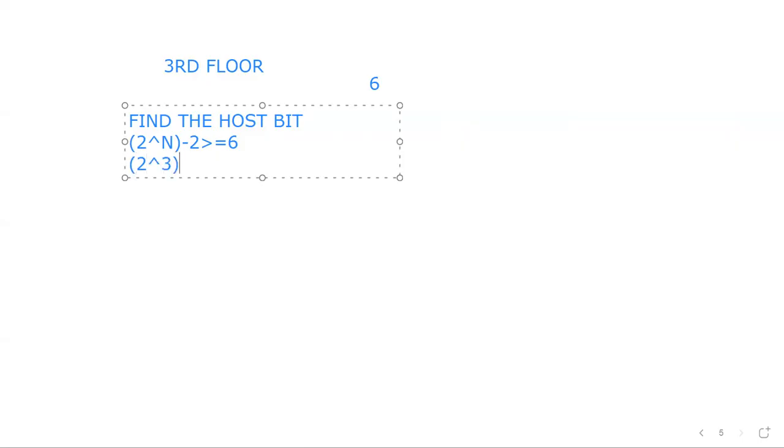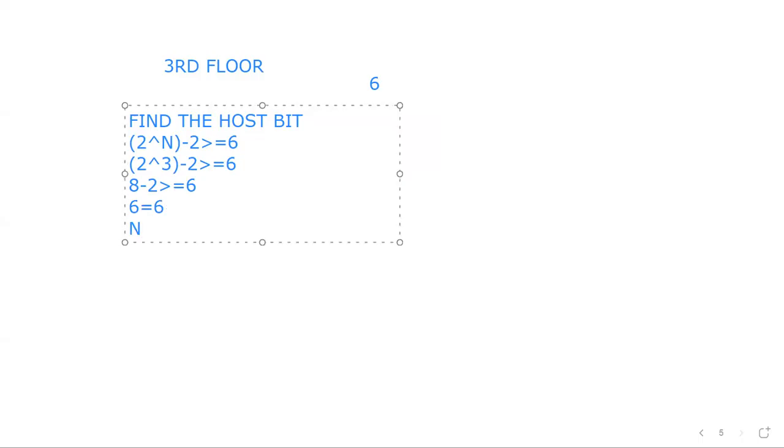By practicing, you can also assign that directly. 8 subtract 2 is greater than or equal to 6. Then 6 is equal to 6. Value of n is equal to 3. Right?